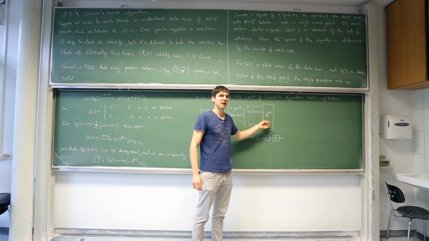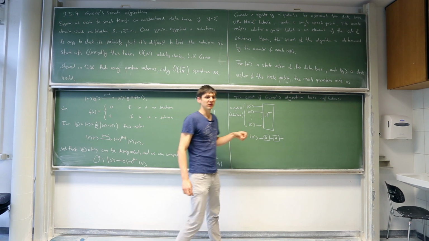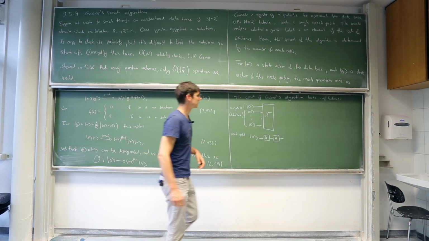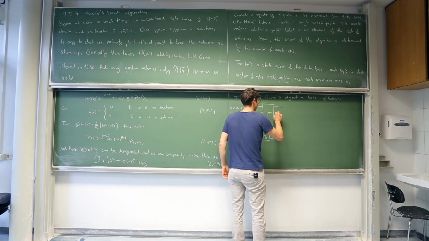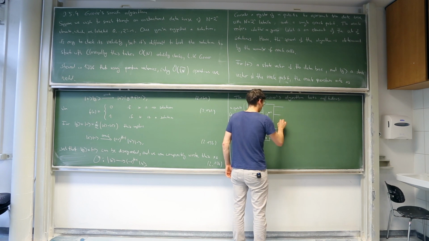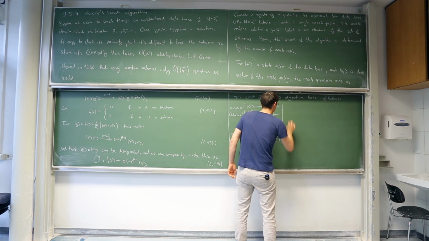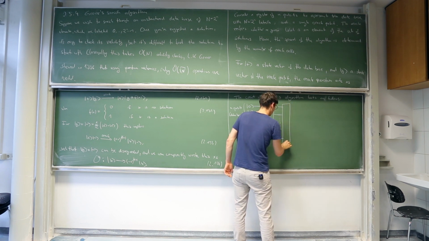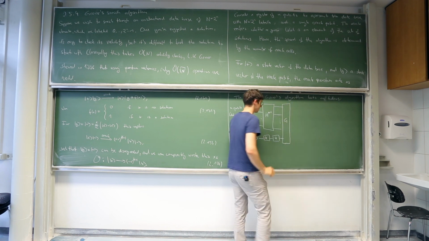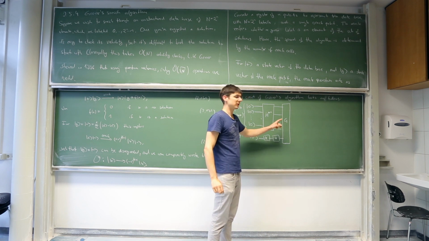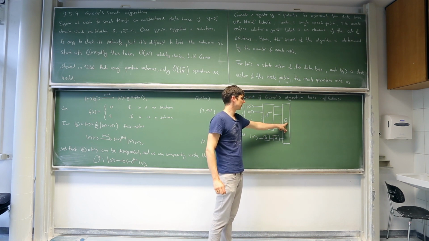And the next thing is we perform what we call a Grover iteration, which involves the oracle. We will see this in a second. Let me call this G.